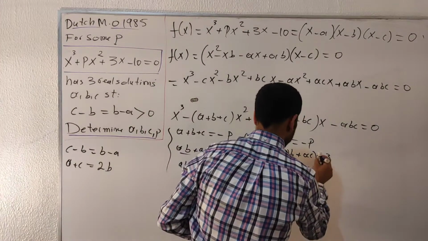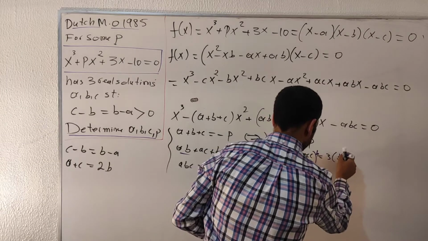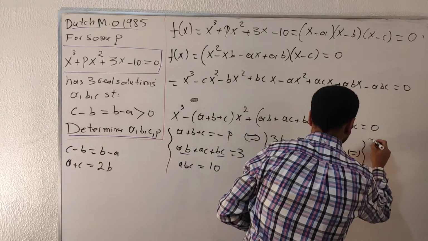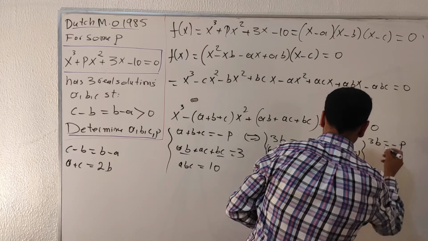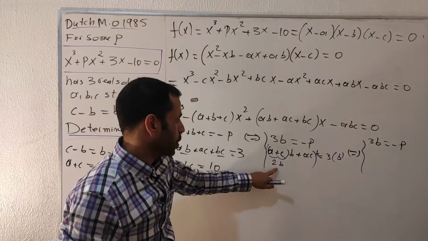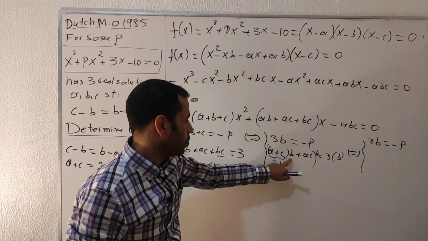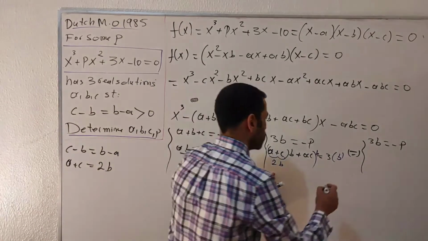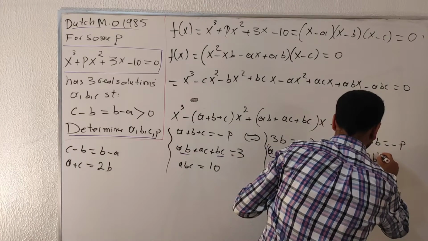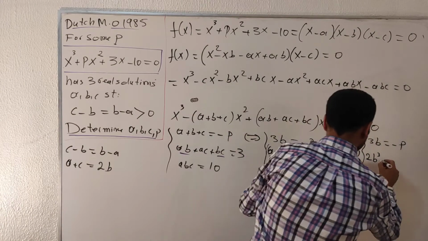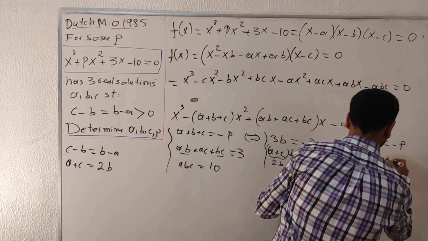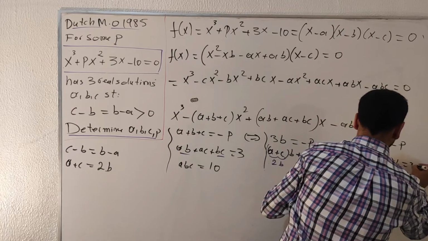Again I get a new equation system here: 3b equals minus p. Then multiplying 2b with b gives 2b squared, and multiplying by b again gives 2b cubed, plus this term multiplied by this term, which is acb, equals 3b.